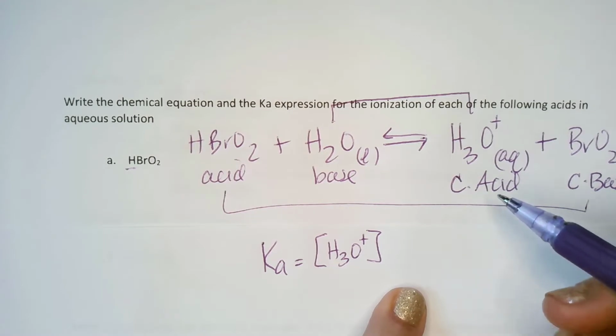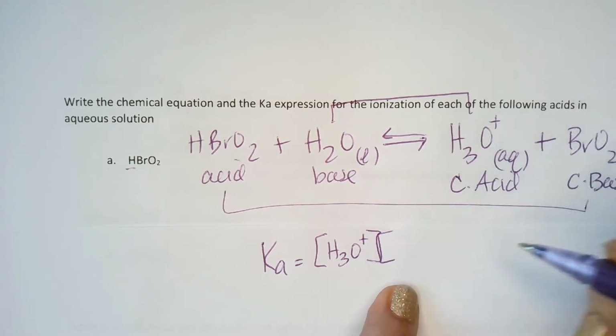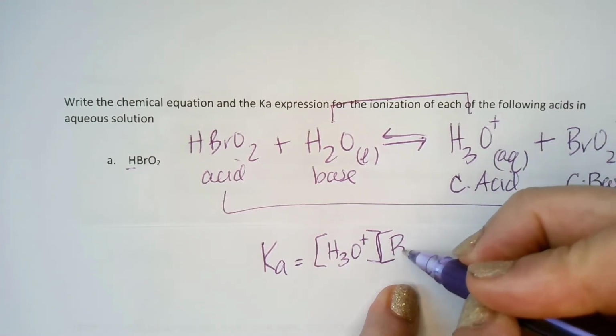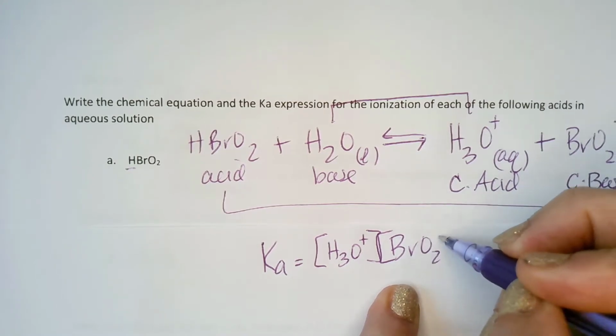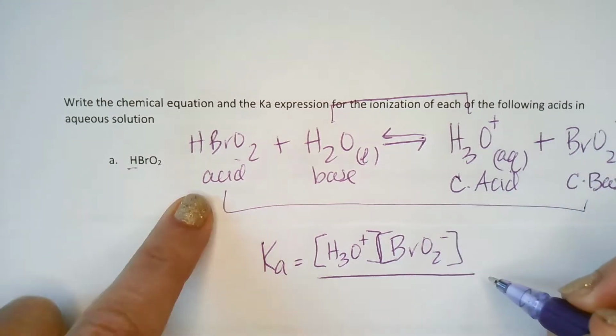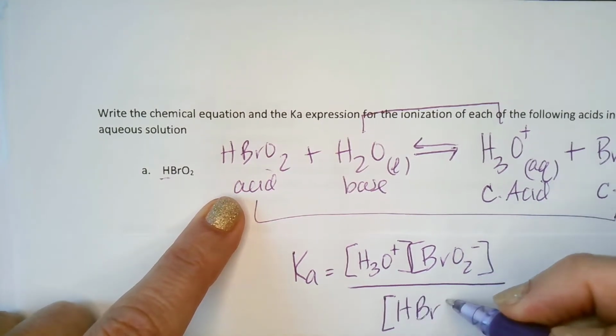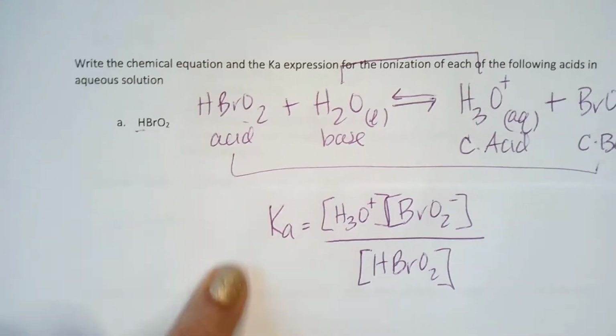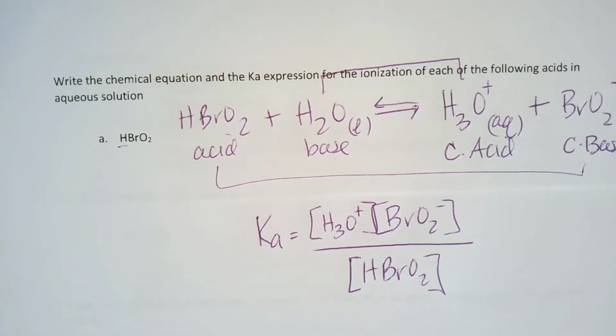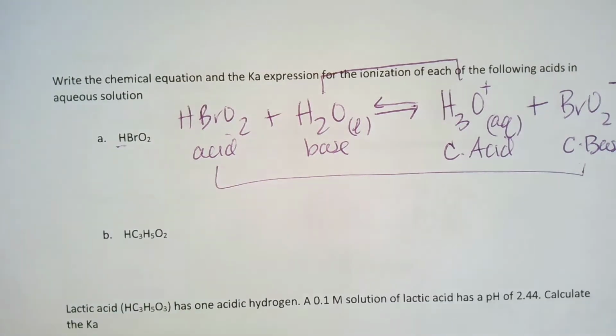Remember, they're used interchangeably, so our conjugate acid times the concentration of our conjugate base all over the molecular form of our acid, HBrO2. All right, good work. Let's move on to the next one.